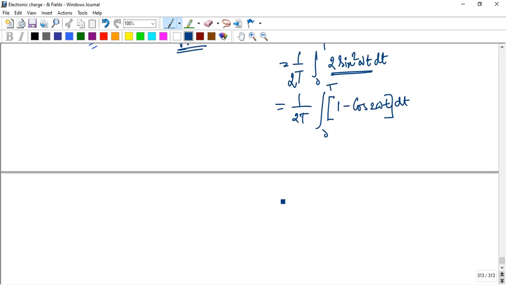Now you see 1 by 2T, the integration 0 to T of dt minus the integration 0 to T of cos twice omega t dt.